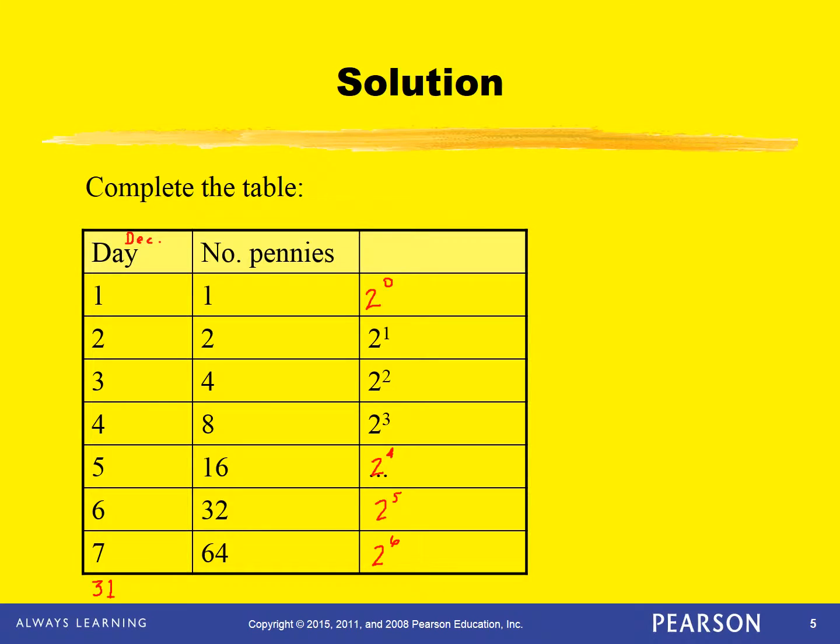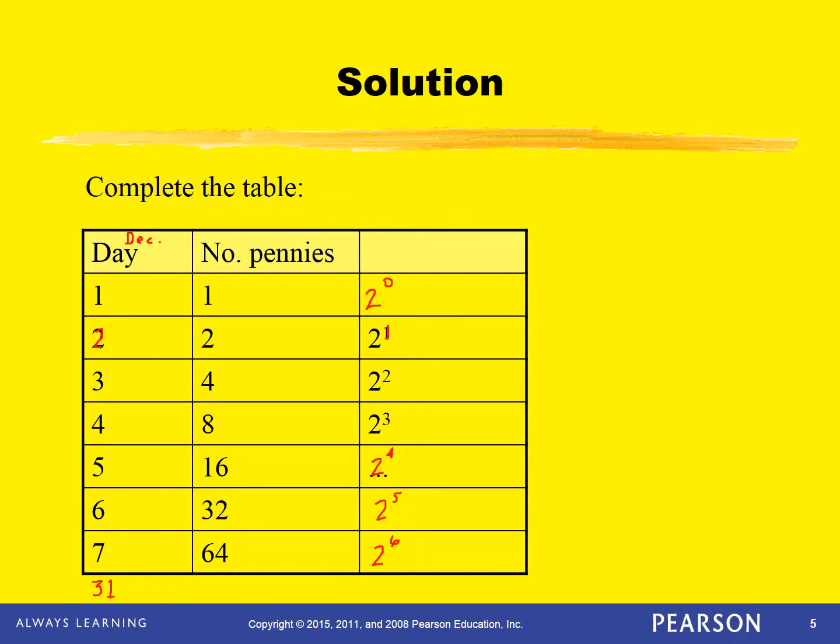And, well, that's going to be 2 to the, well, what's the pattern here? Okay. The exponent is always one fewer than the day of the month. So exponent is 1 when the day is 2.